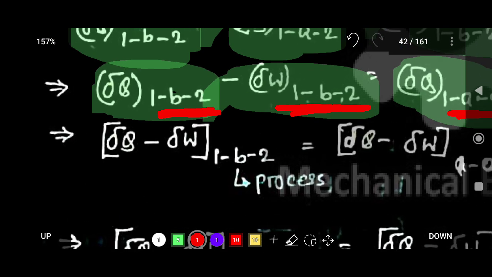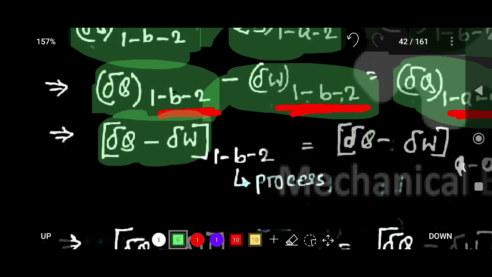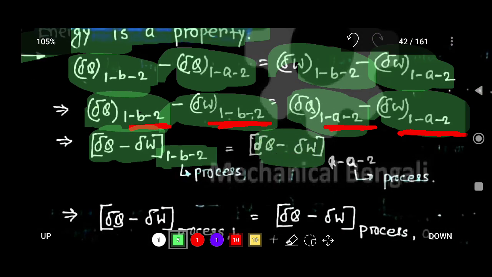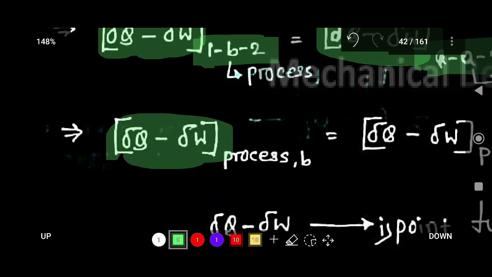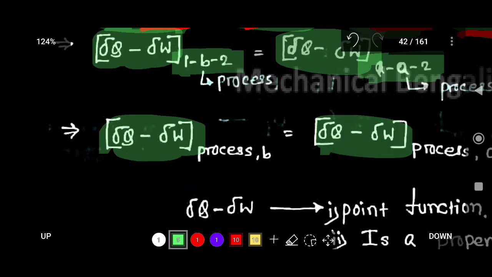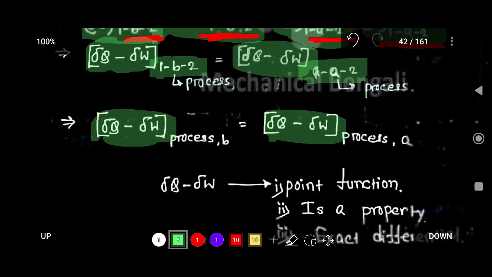So from here you can say that del q minus del w for process 1b2 is equal to del q minus del w for process 1a2. So del q minus del w for process b is equal to del q minus del w for process a.